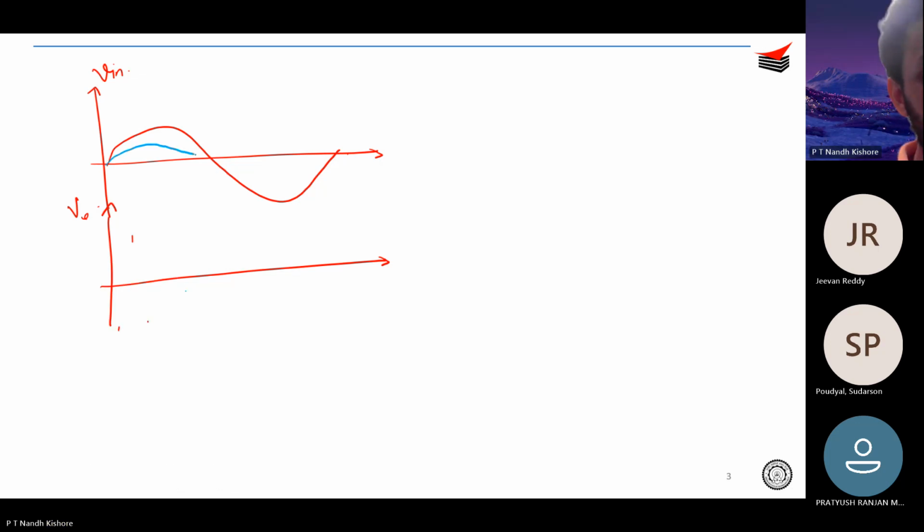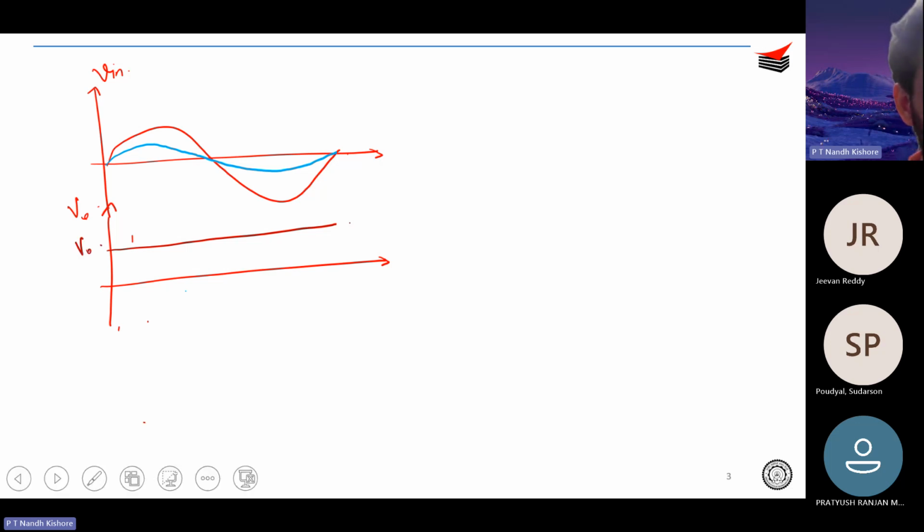Okay, correct. And so you expect this to be your V naught and a similar looking current, something like this as your I naught.